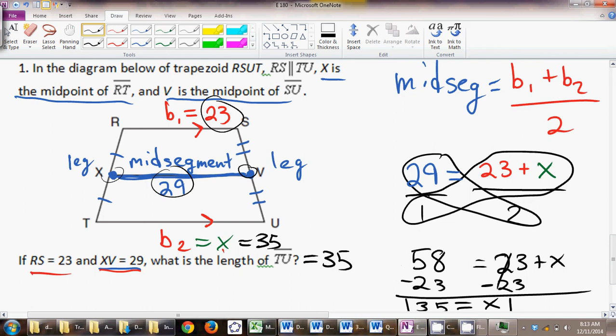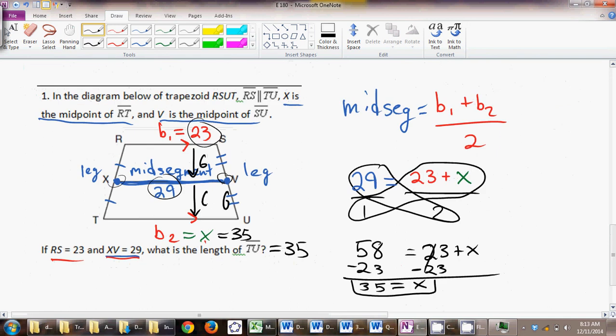What's the difference between those numbers? Well, the difference is 6. So if it takes 6 to go from my base to the middle, and logic tells me from my middle to go to the other base, it should take that same 6. That same 6. So I'm going to add 6 to my 29. 29 and 6 gives us, hey, that 35.